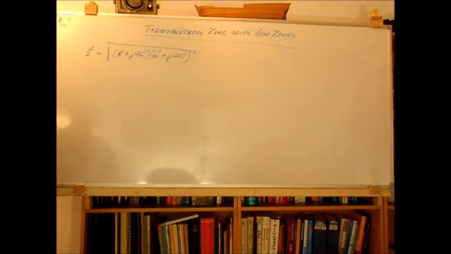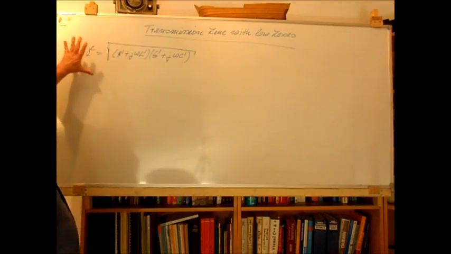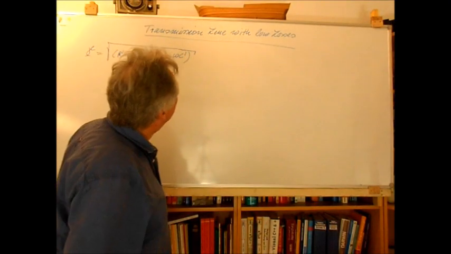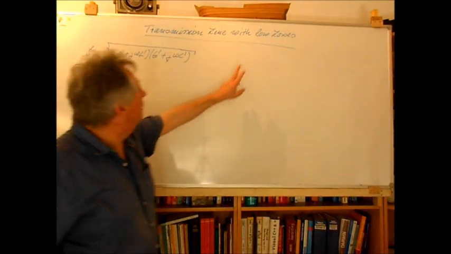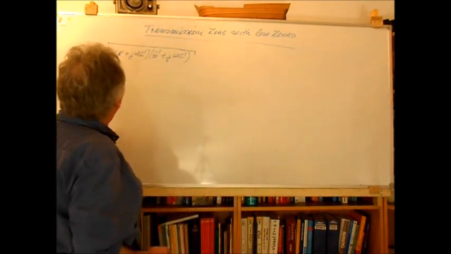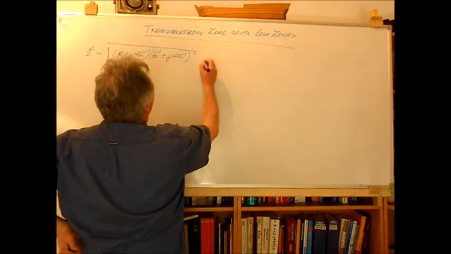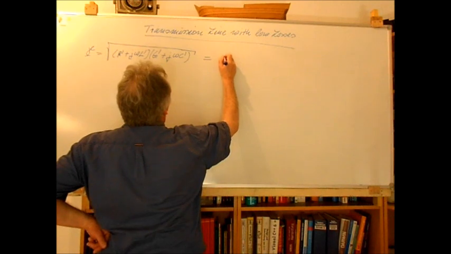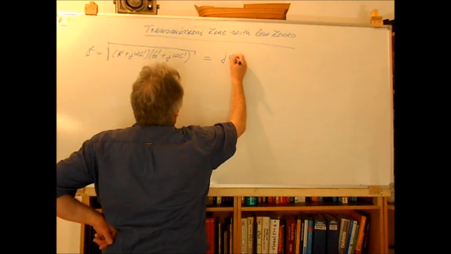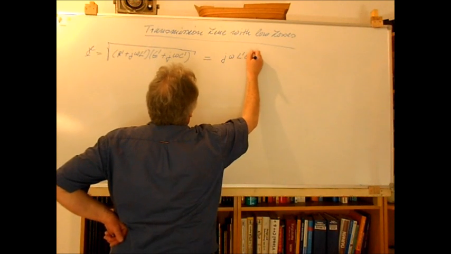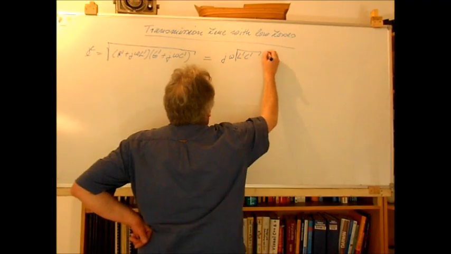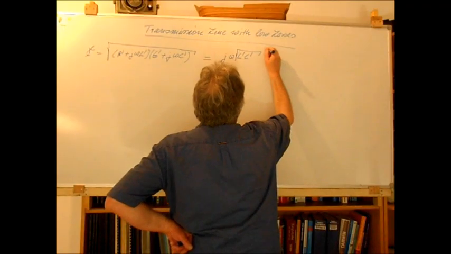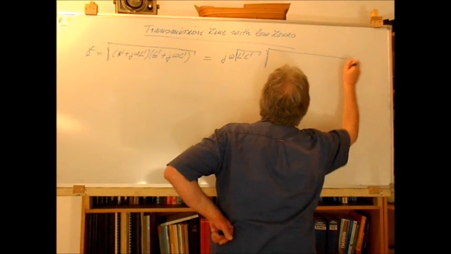I now want to discuss the phase propagation constant, or the propagation constant of a transmission line with low losses. We will specially discuss also the term low here. In the first step we can write the product in front of this square root, so we will have j omega L prime C prime, the square root, and then we can rewrite the square root again like this.